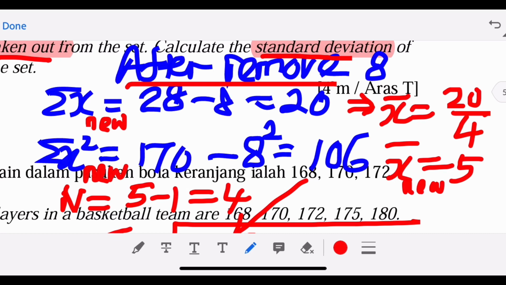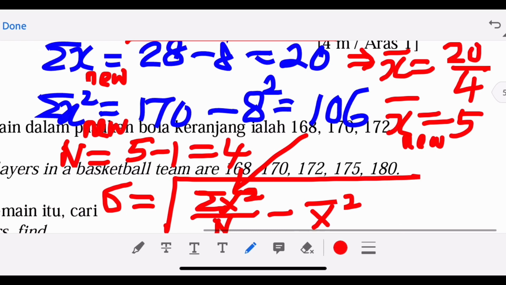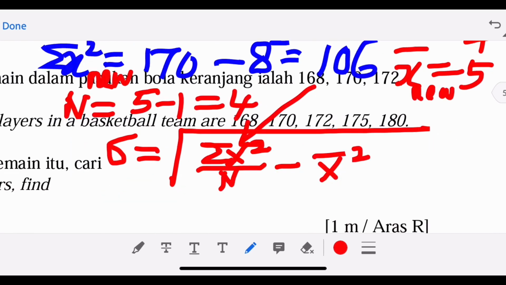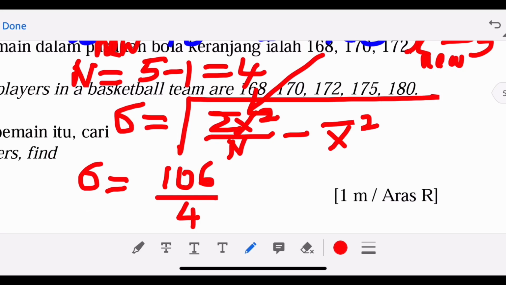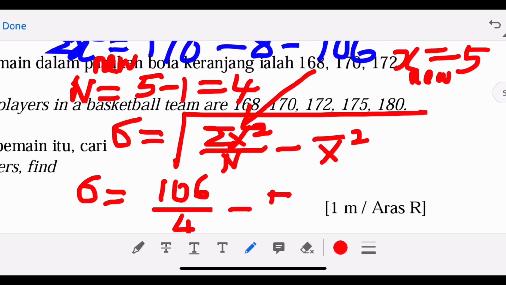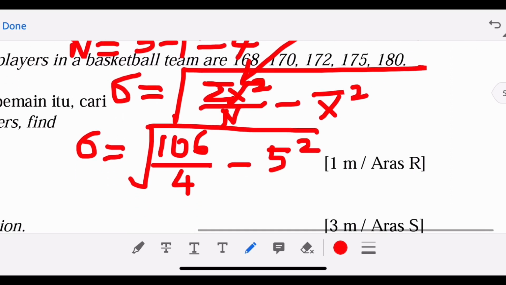So now you can substitute into the standard deviation formula and you can solve the new standard deviation after removing the 8. Now you can substitute 106, the sum of data square, divided by the n, which is 4, remember, not 5, minus the mean 5 square, and then square root, right?